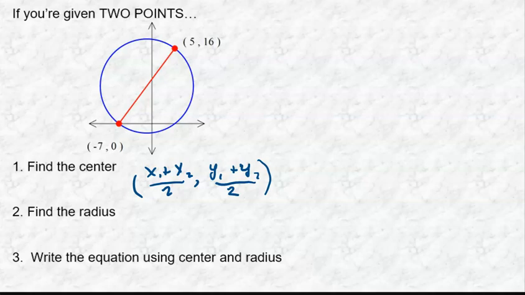So in other words, all I need to do is just say -7 plus 5, which is -2, divided by 2 is -1. And that's -1. 0 plus 16 is 16, then divide by 2 is 8. There is h and k. Now, if you want to plug that in, you are welcome to. I am not arguing with you.